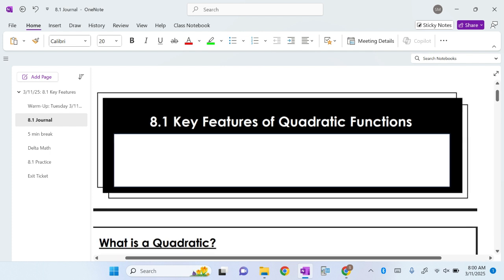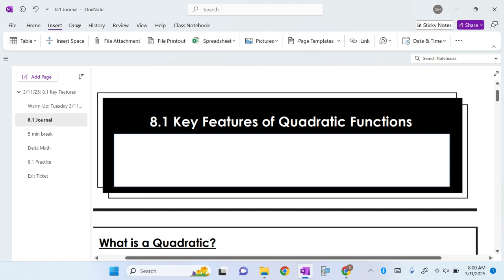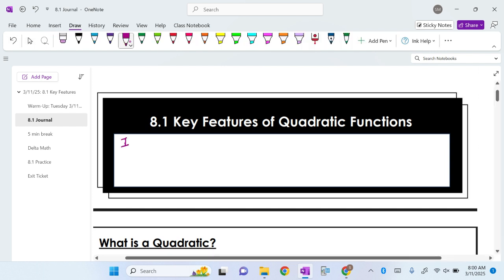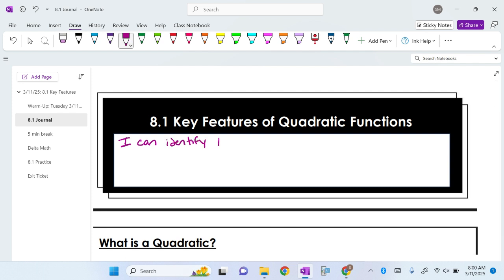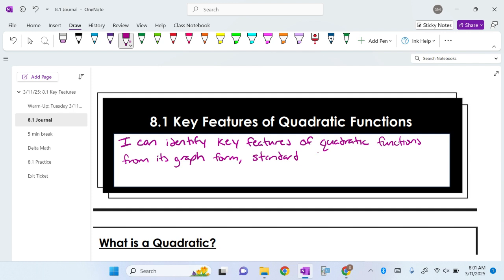So looking at the top of our journal, your I can statement for this lesson is I can identify key features of quadratic functions from its graph form, standard form, and factored form.